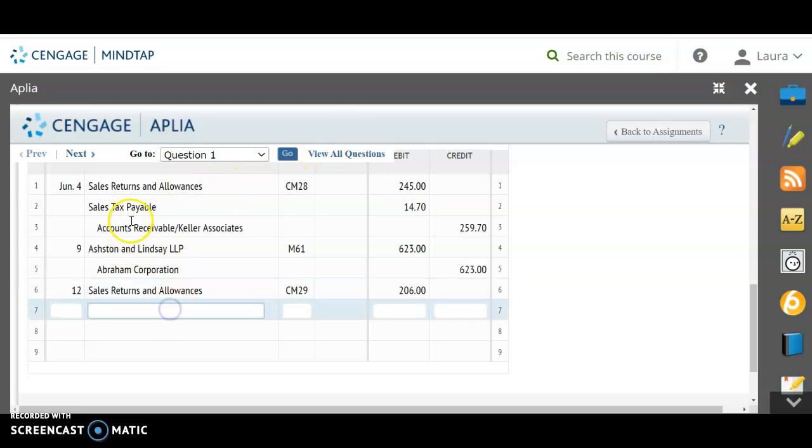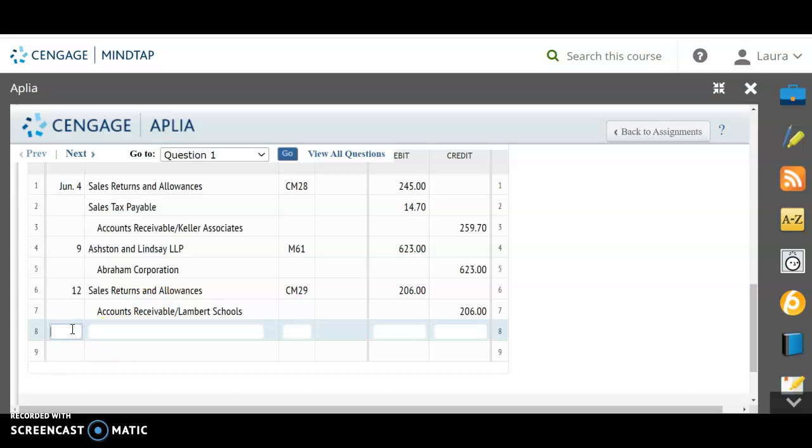Because there's no sales tax, like in the first one, we're not going to have a sales tax amount there. We go right to the accounts receivable and the name of the company, $206. This looks exactly like the other one, but remember, schools, nonprofits, things like that don't pay sales tax, so we don't have to return the tax to them because they didn't pay it in the first place.